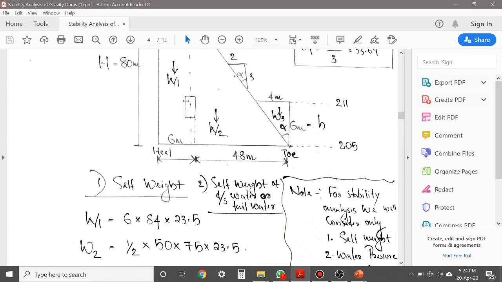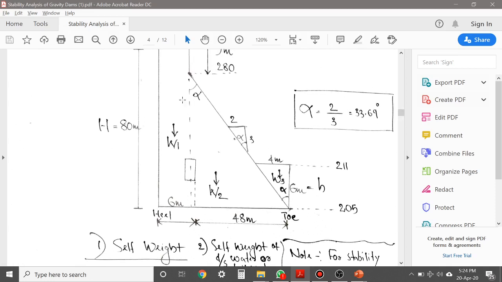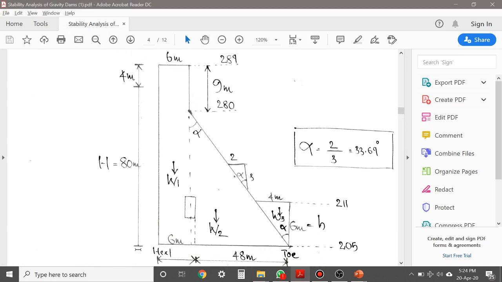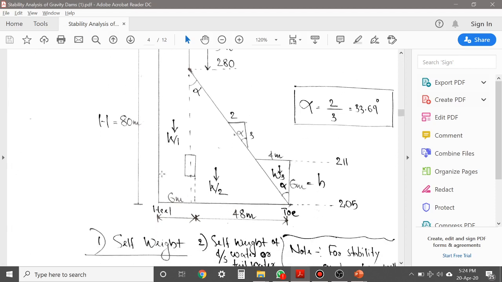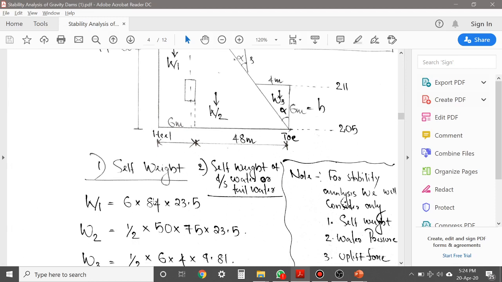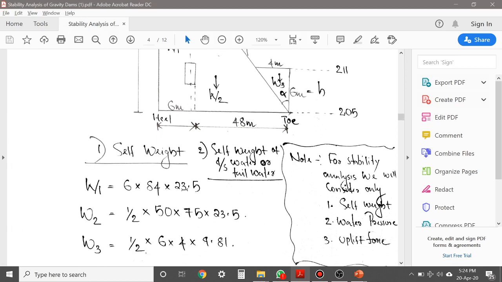the area of the rectangular portion will be, the total height of the dam is 84 and this width is 6 meters. So area will be 84 into 6 multiplied by the self weight of the material. In the question itself it is given that the self weight of the material is 23.5.